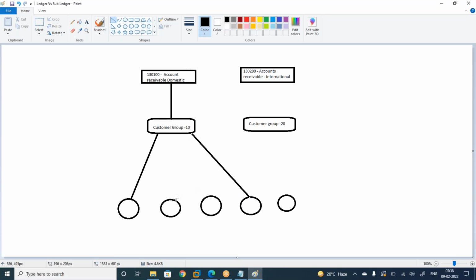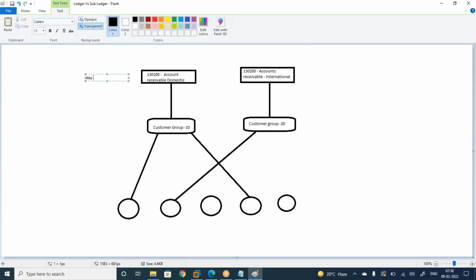If this customer is linked to this one, and this is linked to this one, automatically whatever transaction you post to this customer, it will post to this account. These are called main accounts.